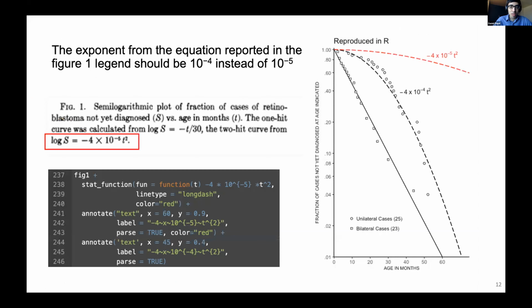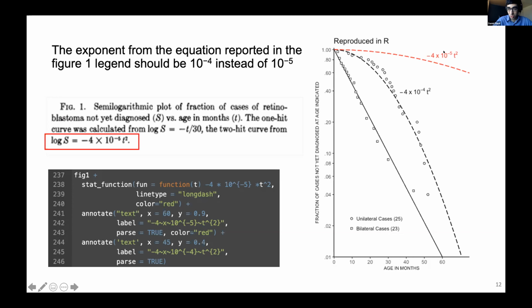Okay, and just as a sidebar, I also realized when I was trying to recreate the fitted curves that, at least based off the description in the legend, there was an exponent that was also incorrect.